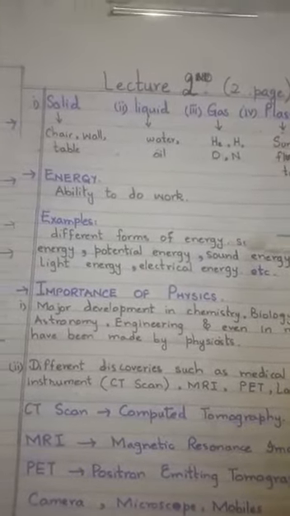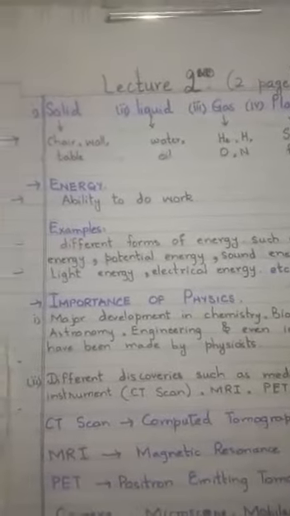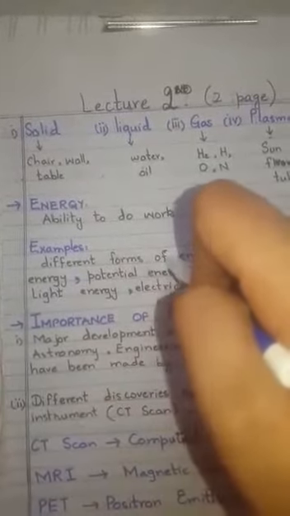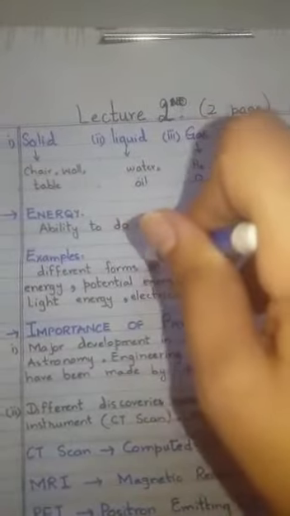There is Einstein's mass-energy equation, which we will discuss in chapter number 6, in which we will discuss that matter and energy are interconvertible. Energy can be converted into mass, and mass can be converted into energy.